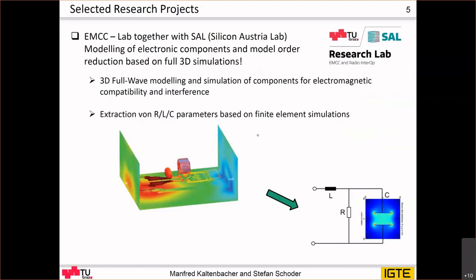And the main purpose there is that we try to set up special models and special numerical simulations, so that we can pre-compute, before a prototype has been built, the electromagnetic compatibility of such components, individual components, or whole electronic circuits.